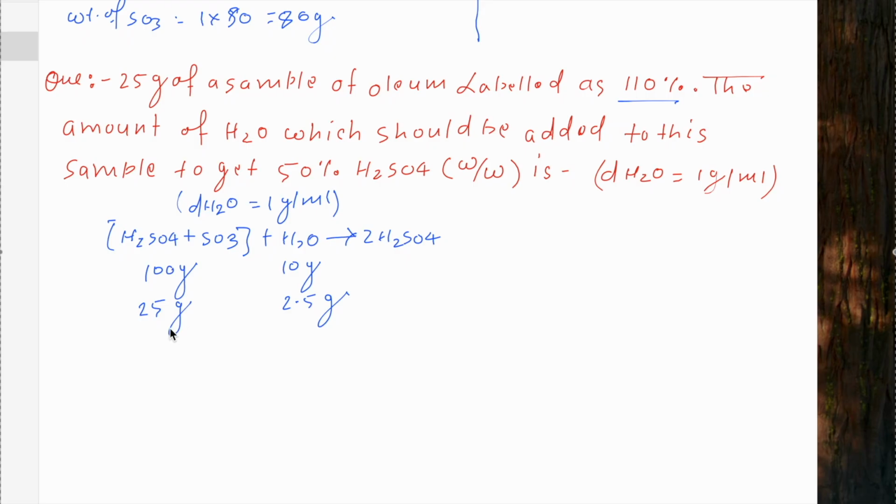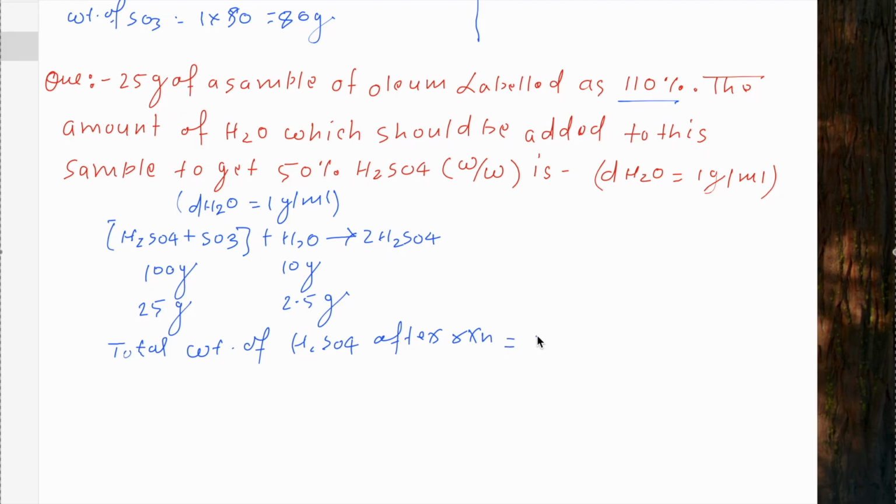So total weight of H2SO4 after reaction, what we can say?